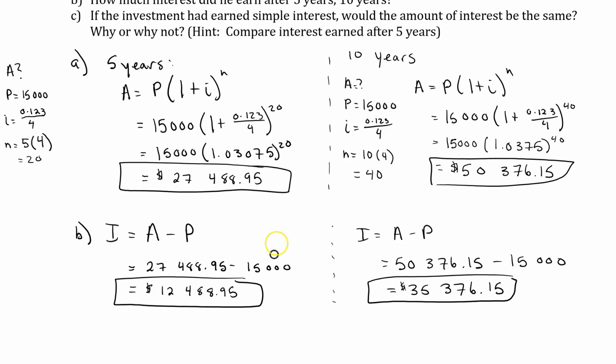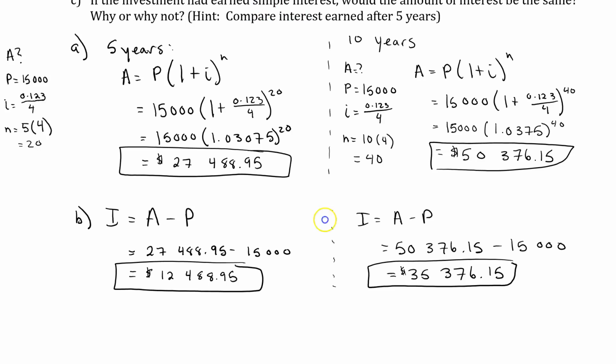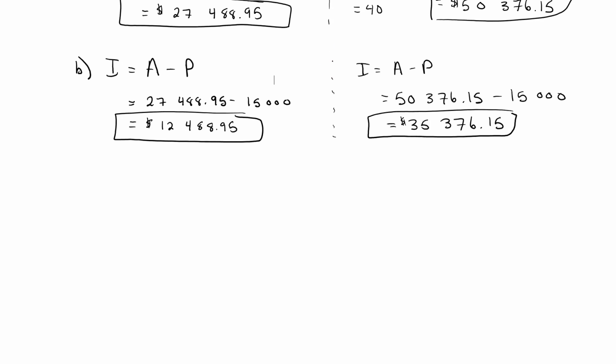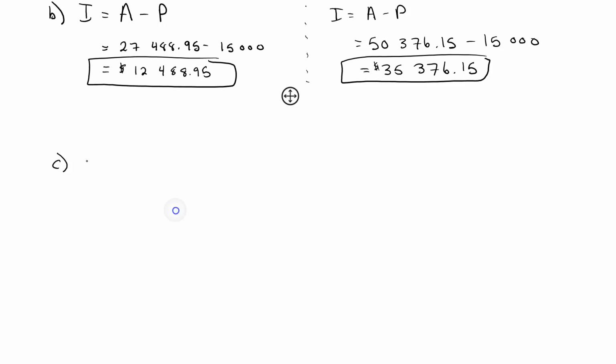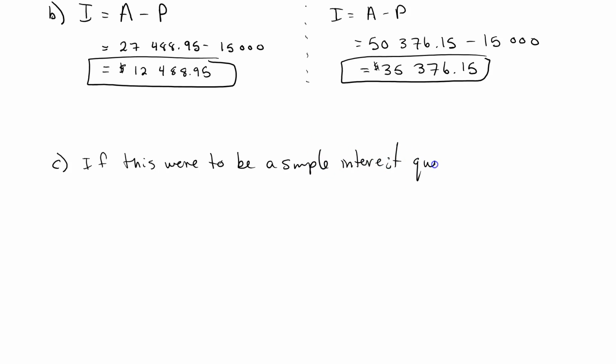Now let's compare this actually with the interest that he would have earned in simple interest. And we're just going to compare it with a 5-year point. So if this were to be simple interest, the compounding periods wouldn't really matter.